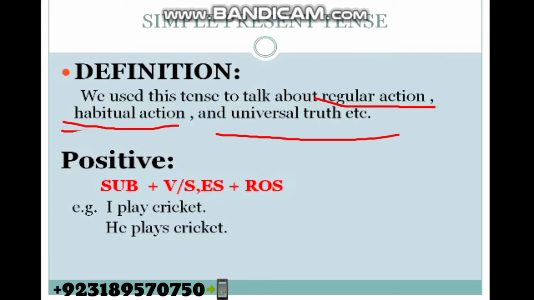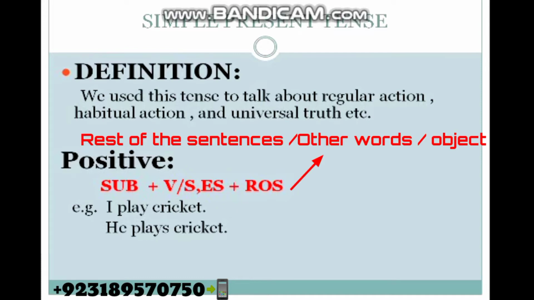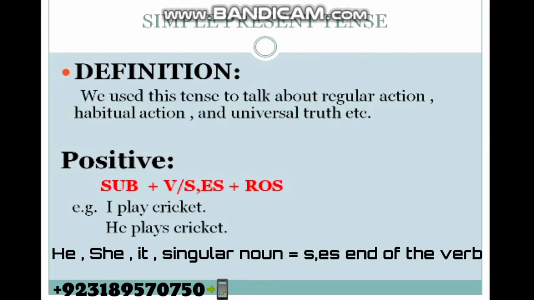So we have a positive structure: subject plus verb s/es plus rest of the sentence. Rest of the sentence means other words, like the object. I play, he plays cricket. Here we have the third person singular, like he, she, it, and with the singular noun we will use s/es at the end of the verb.